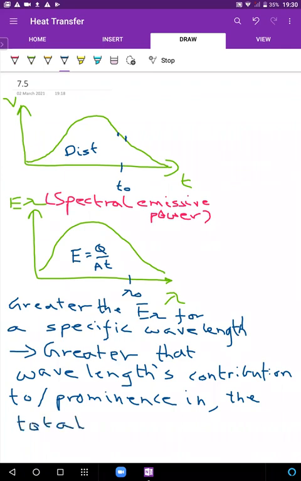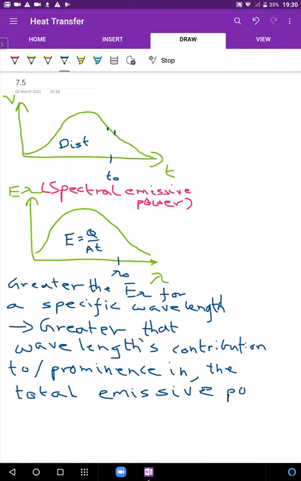The other thing to understand is, as indicated in the diagram, the area under the graph tells you the total emissive power. So the integration of E lambda across all wavelengths will give you total emissive power.